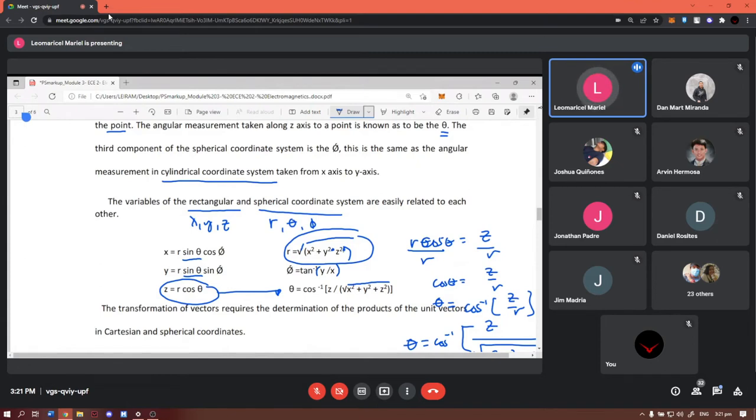So ibig sabihin, you need to memorize this formula. Okay? Idagdag nyo na sa inyong memory bank yung formula na ito.